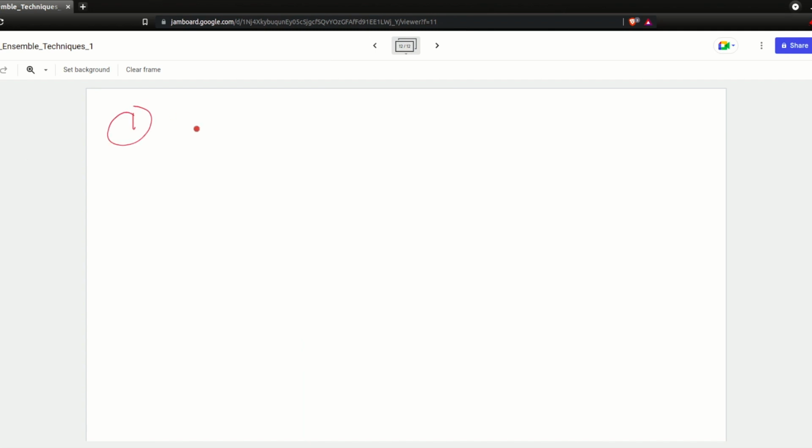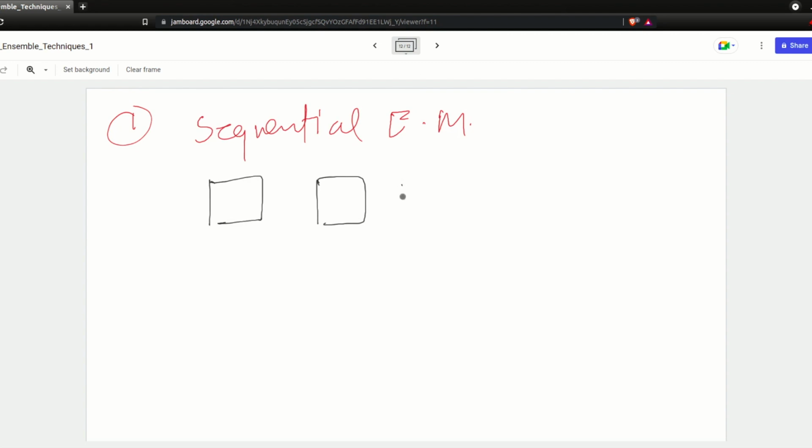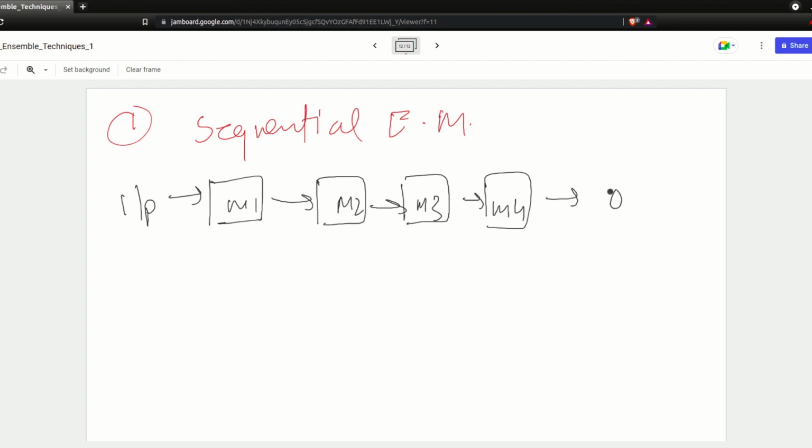Firstly, we'll go with the sequential ensemble method. The first point is that base learners are constituted. You give input and pass it to multiple models and get the output.